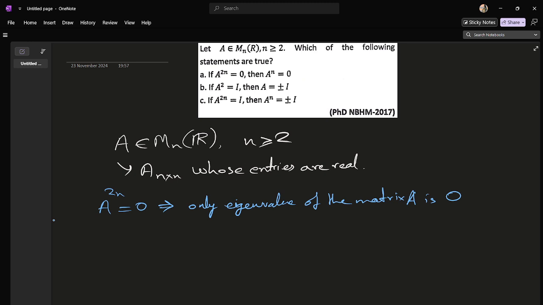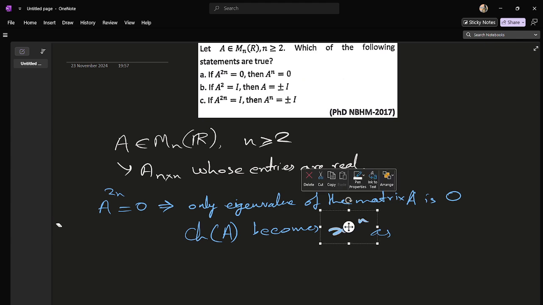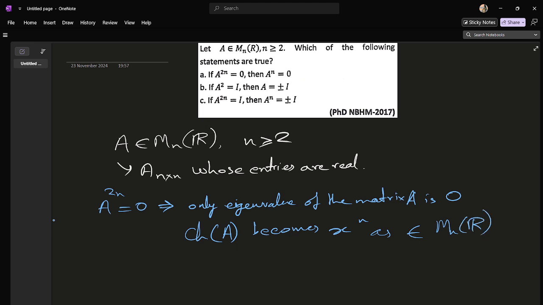So the characteristic polynomial of A will be x to the power n, as A belongs to M_n(R).